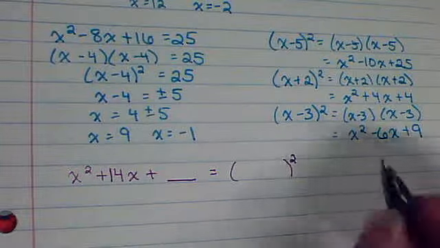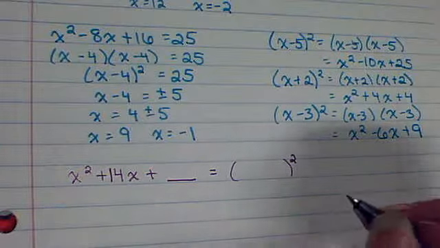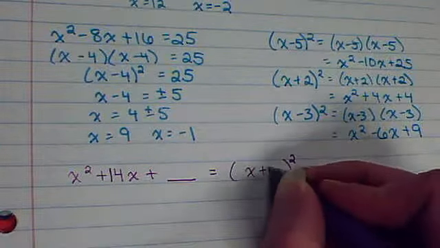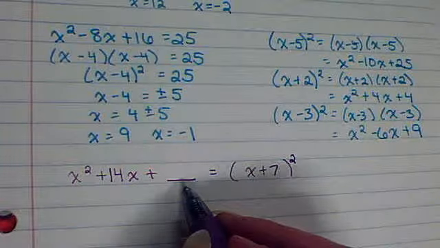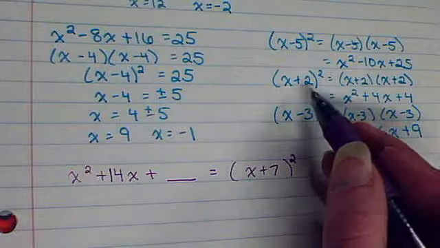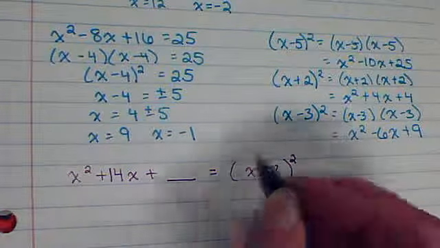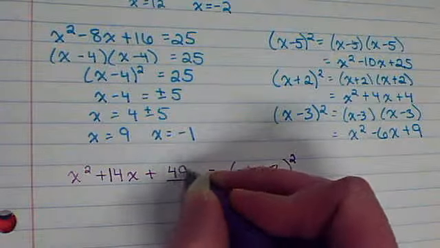Well, if we're noticing the pattern, the number in there is going to be half of that. So the missing number here would be x plus 7. But that means this one would have been, if you look here, negative 5 squared is 25. 2 squared is 4. Negative 3 squared is 9. So 7 squared is 49.